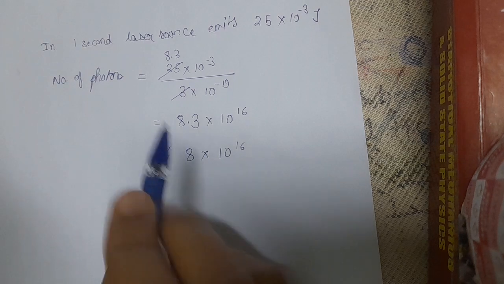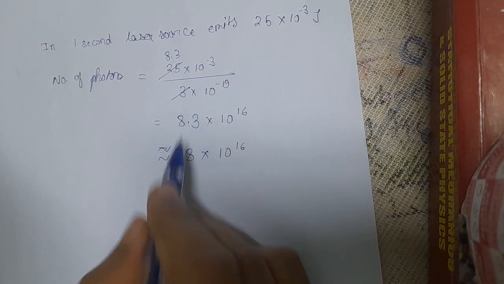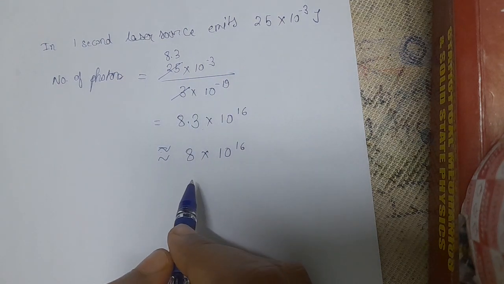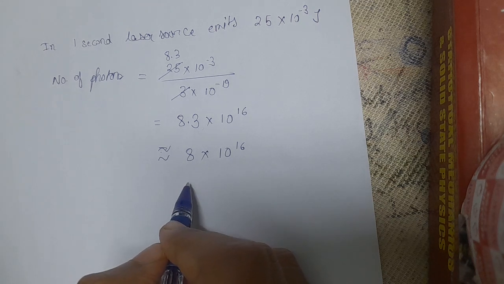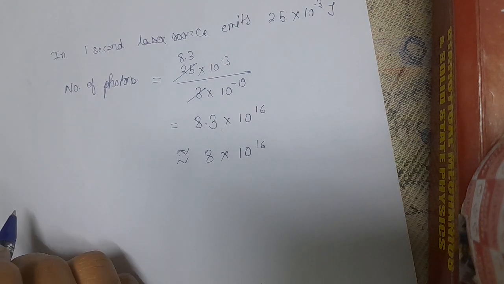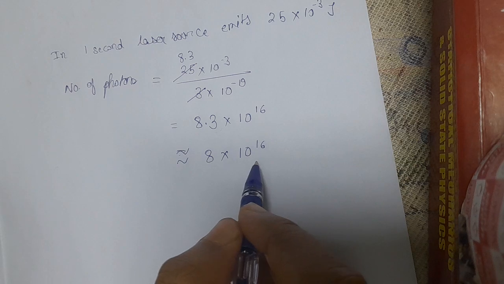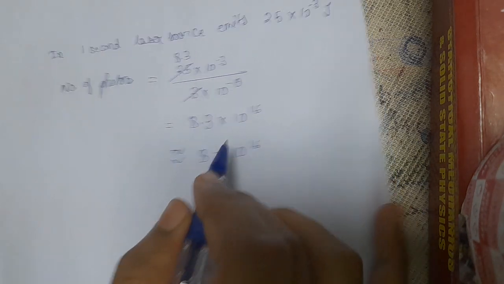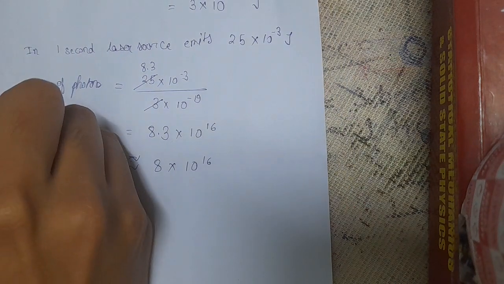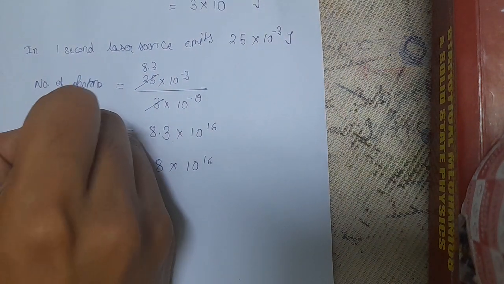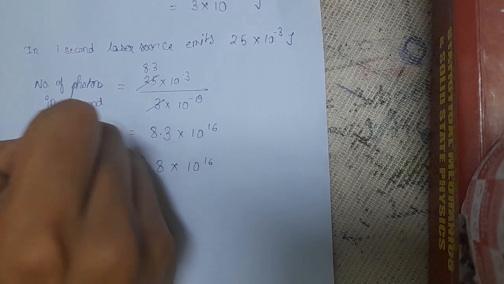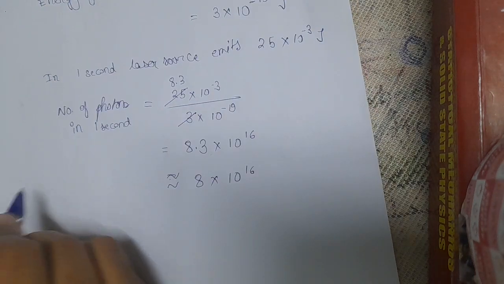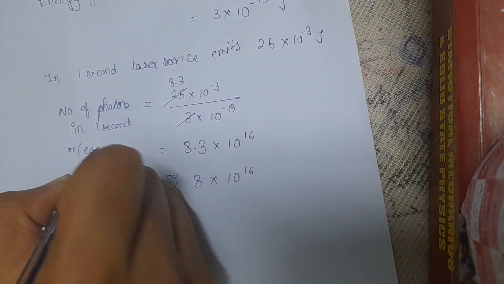Even if some decimal value comes, you have to approximate it to the nearest integer value. Okay, so this many photons were emitted, but not in total. In 1 second, or in each second.